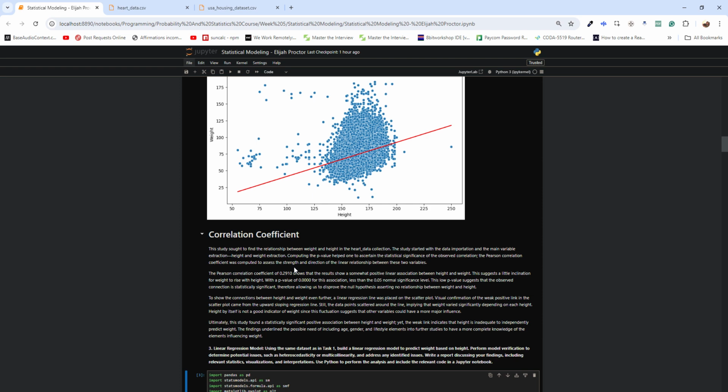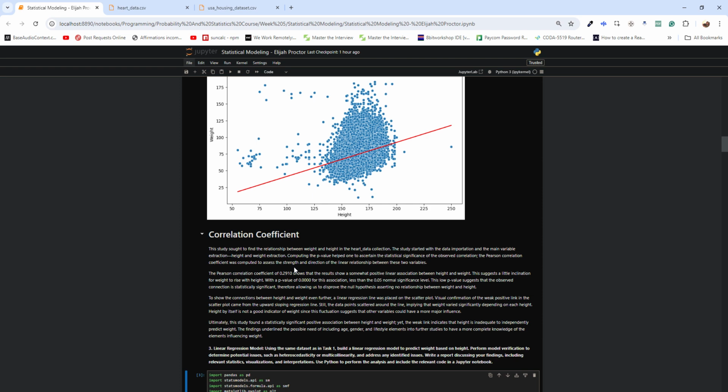The coefficient is 0.2910, which indicates a weak positive relationship, and this means that as height increases, weight tends to increase slightly. Our p-value is 0, and this shows that this relationship is statistically significant, meaning it's unlikely to be due to chance. Our scatter plot with a linear regression line is also used to visually confirm this weak relationship.